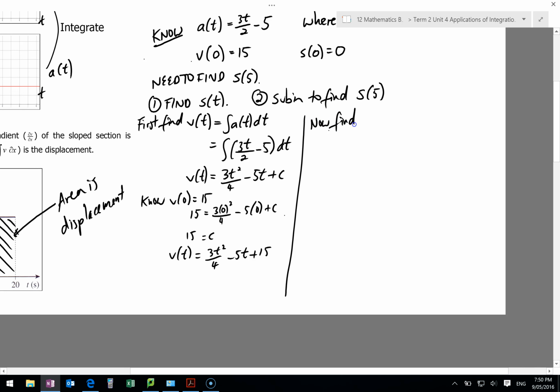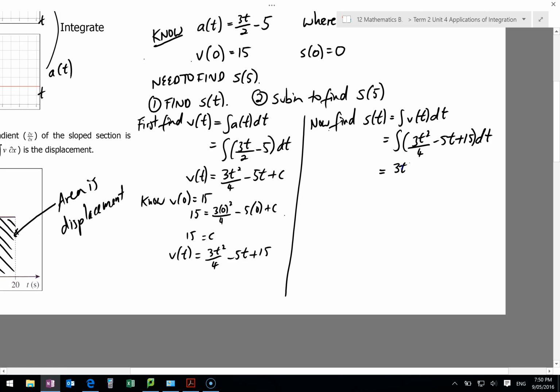Now I'll find s of t, which I know is the integral of the velocity. Okay, the integral of 3t squared on 4 minus 5t plus 15. Again, should be pretty routine at solving these by now.